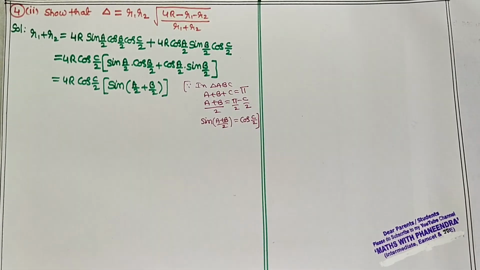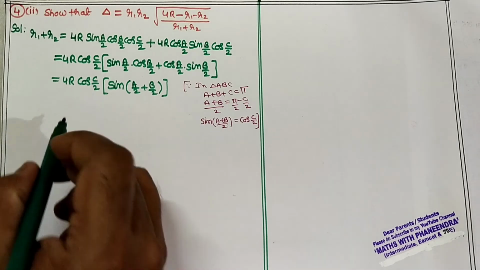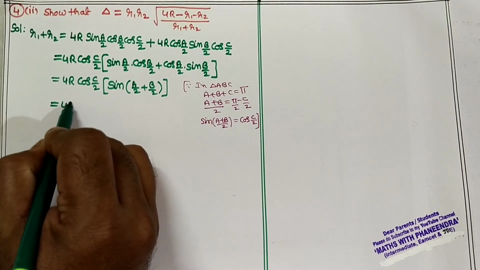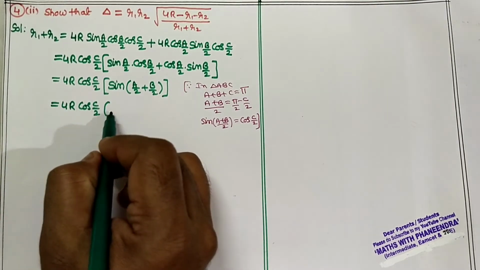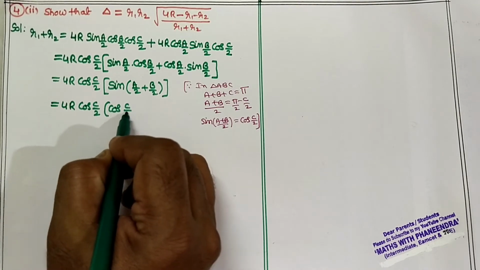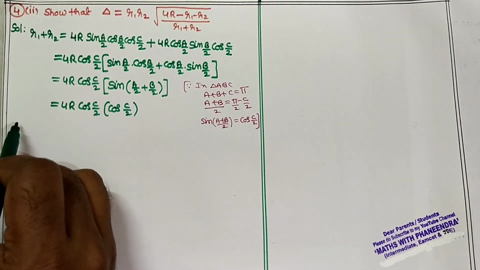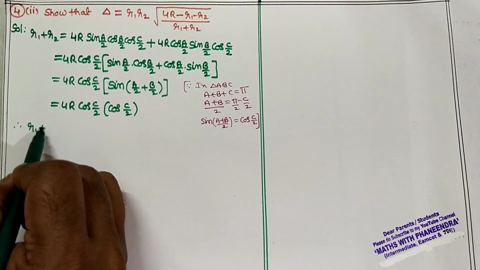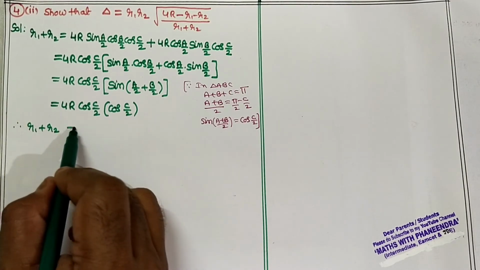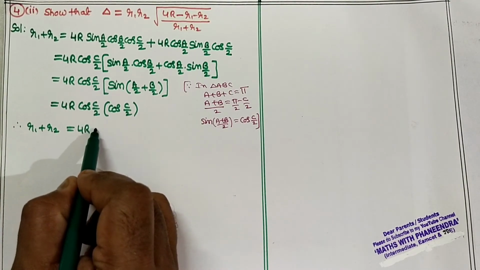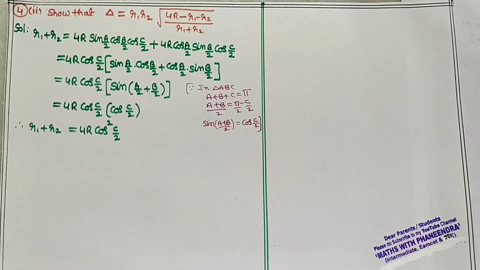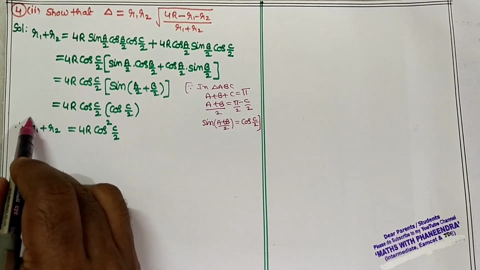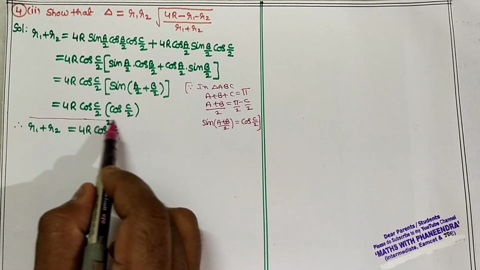So in place of sin of A plus B by 2 we have to write cos C by 2. So 4R into cos C by 2, and this bracket value also cos C by 2. So therefore ultimately we got R1 plus R2 equal to 4 capital R into cos square C by 2. You put this value in a box, we will use it in the coming steps.